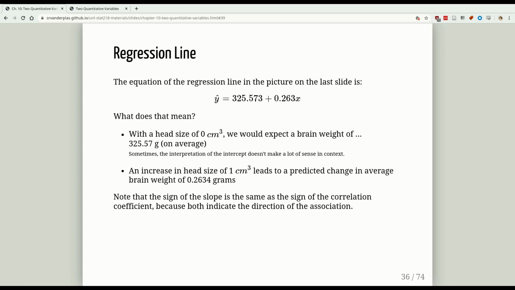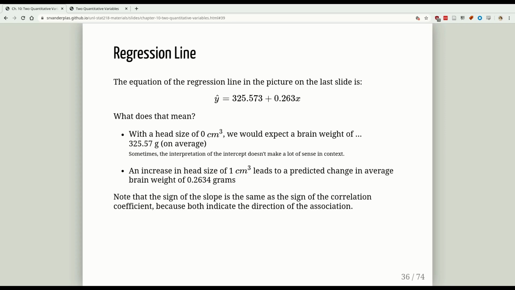We're going to confine ourselves, generally speaking, to predicting for values of x that make sense. 0 is not one of those values. So you can't always interpret the intercept in a way that makes sense in practice. Sometimes you can, sometimes it's actually a useful value to know, but it doesn't always make sense. Okay?